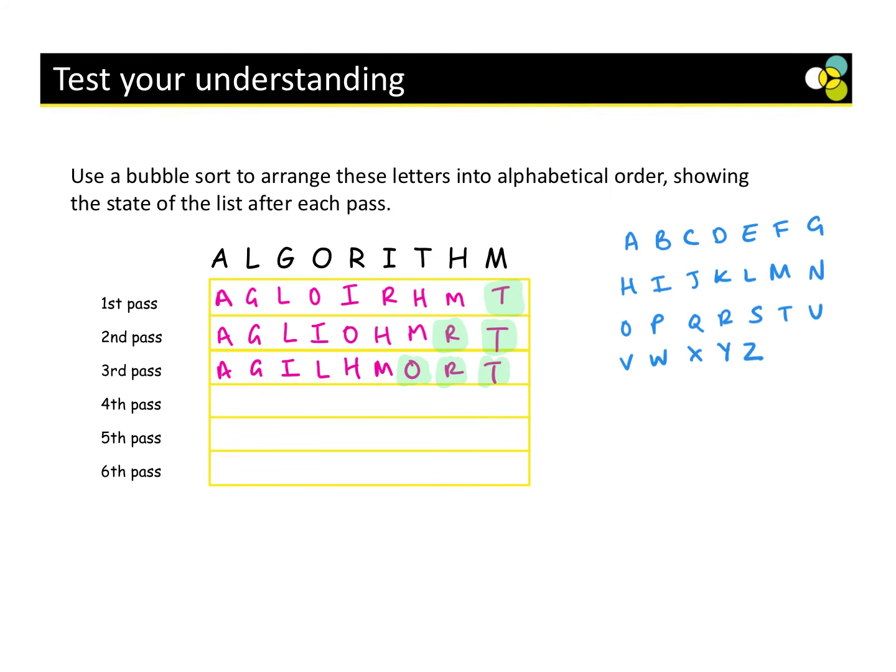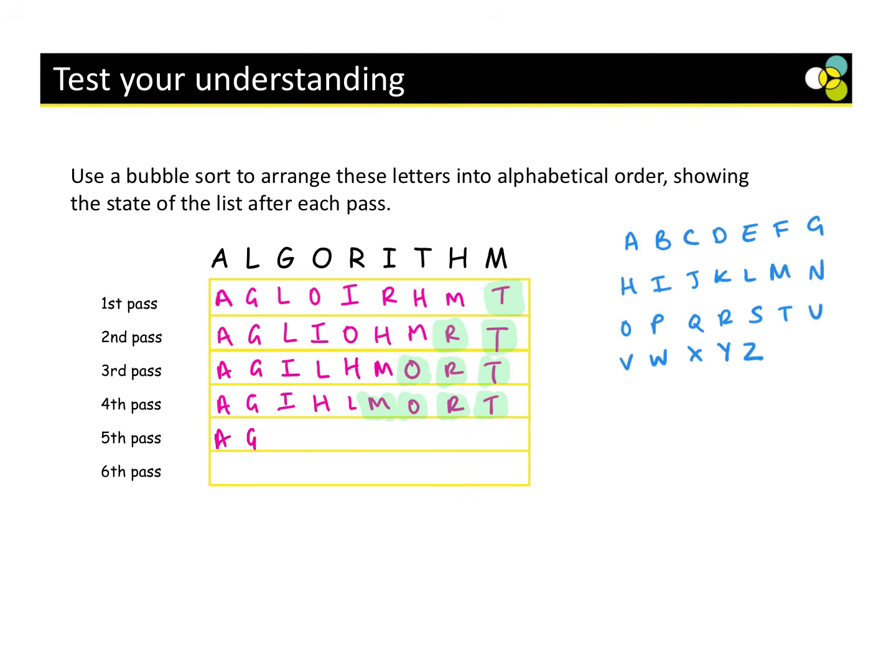Okay, next one. A, G, fine. G, I. G comes before I. Yes, it does, doesn't it? Right, L, H. H comes before L. L, M. Okay. Right. Okay, A, G. Fine. G, I. Fine.